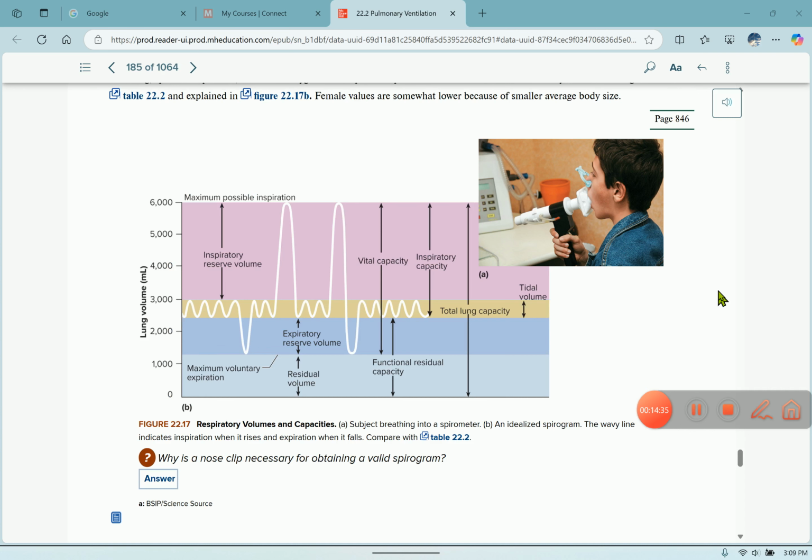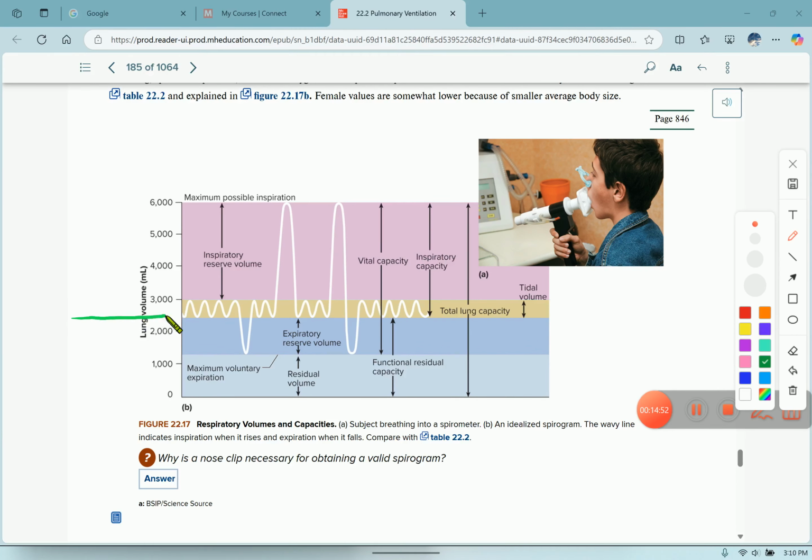This graph can measure a person's respiratory volume and capacities. Okay, bear with me on the numbers. Try to pay attention to this. We have this area here, a yellowish area, and this is known as tidal volume. All of this is tidal volume, which is about 500 milliliters.